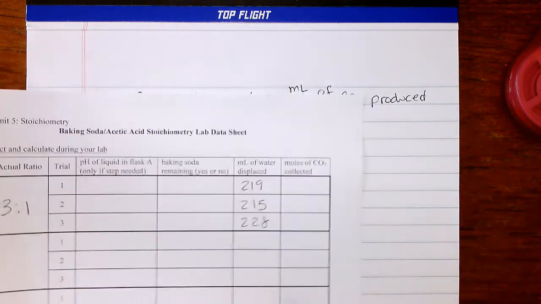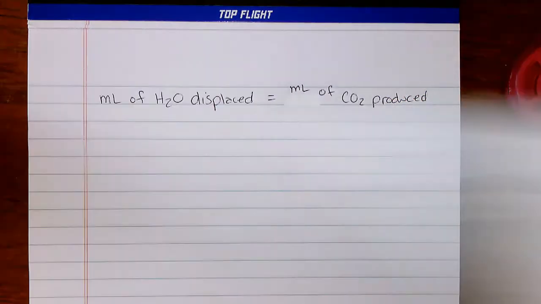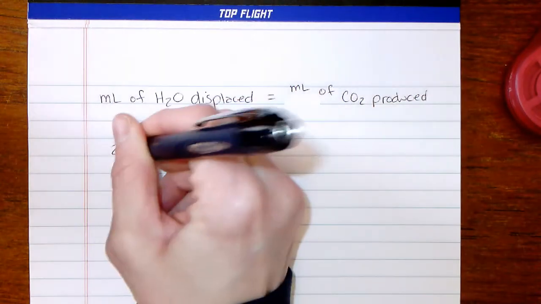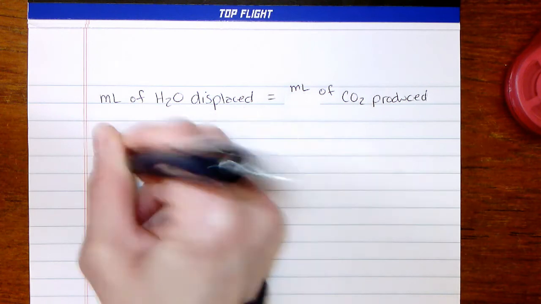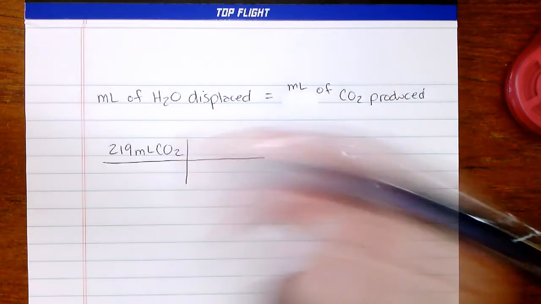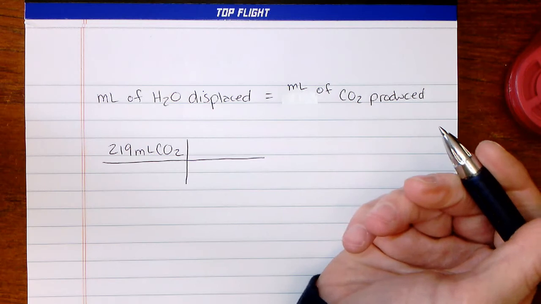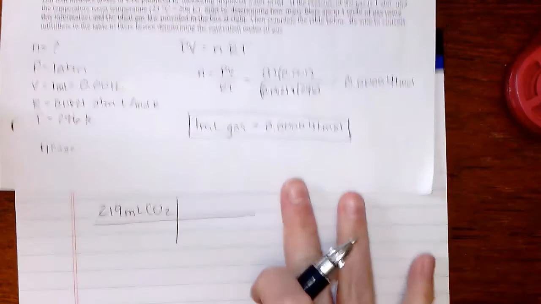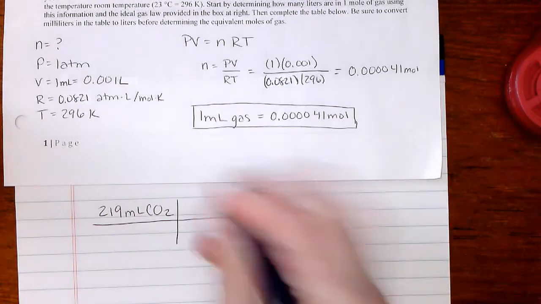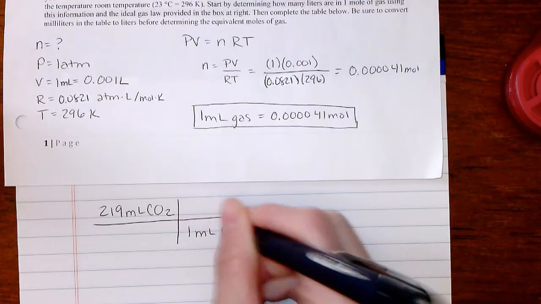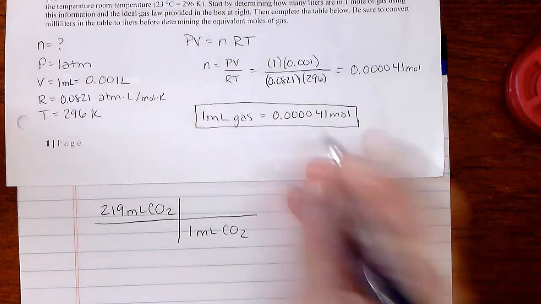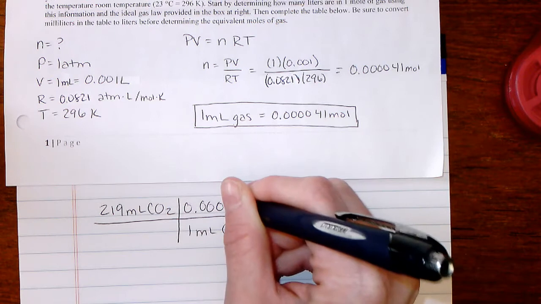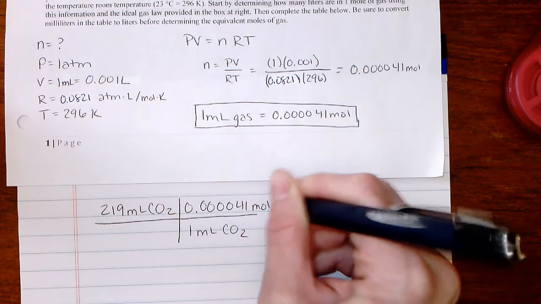Okay, so I'm going to do the 219 first. I always write the number that I'm given, 219 milliliters of CO2. Draw my line like that. Then we have this conversion factor. So again, 1 milliliter of CO2 is equal to 0.000041 moles of CO2.